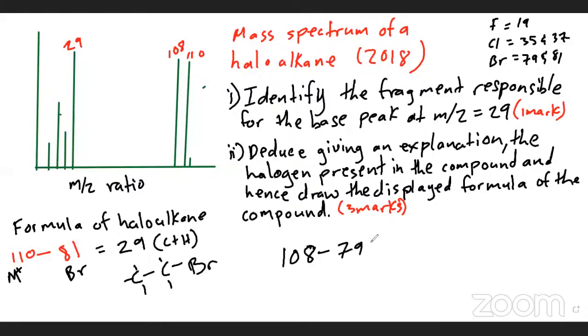You would use the 79, and you would get back 29, because the 108 is for the lighter isotope and the 110 is for the heavier isotope. Is that clear? Yes, sir.